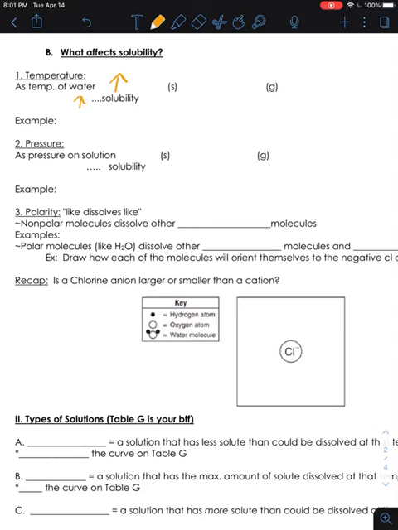So some examples, the other thing that affects solubility is pressure. So as pressure on a solution increases, solubility actually stays the same.